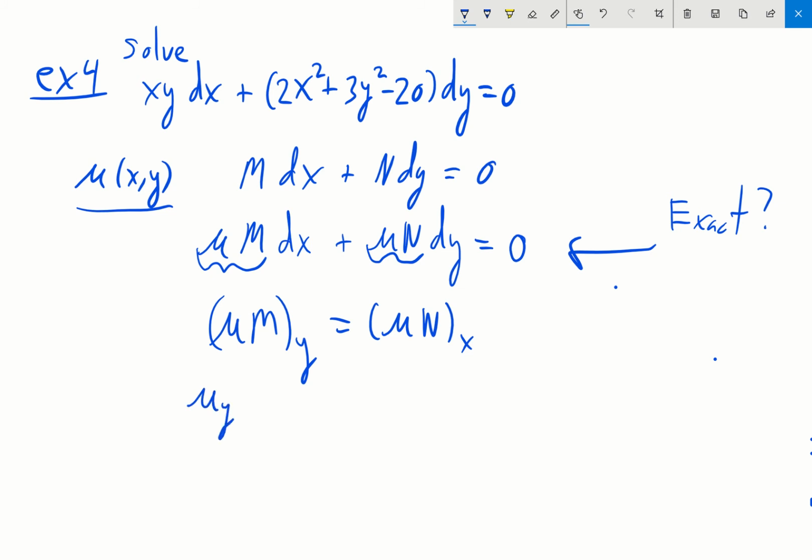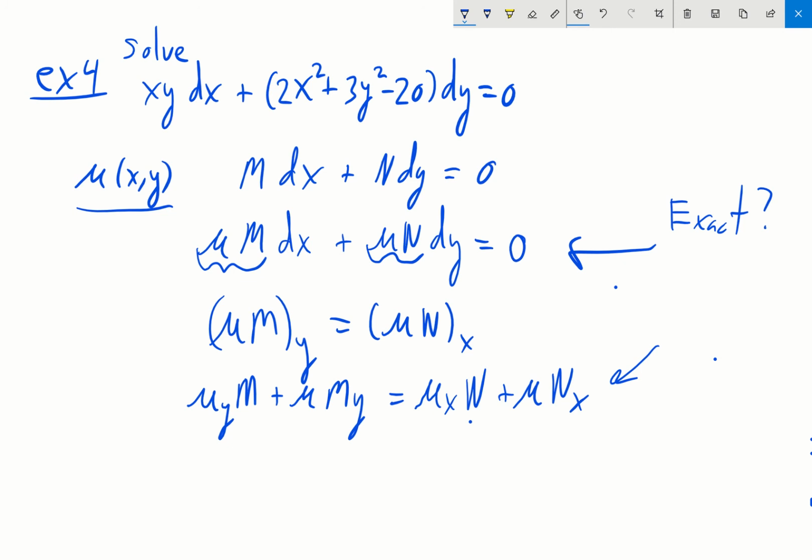This would be the partial of mu with respect to y times M plus mu times the partial of M with respect to y. We would need this to be equal to, on the right hand side, the partial of mu with respect to x times N plus mu times the partial of N with respect to x. So if we can find a function mu that satisfies this equation, then we will have our solution.